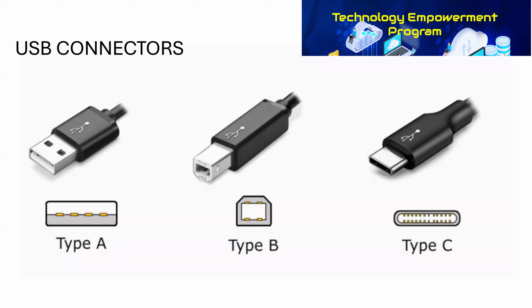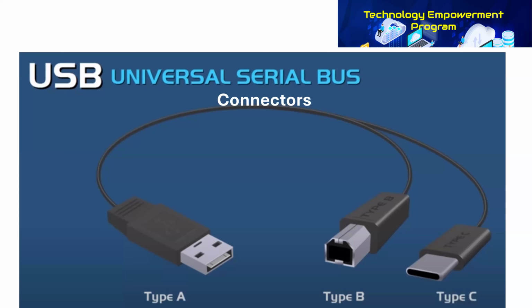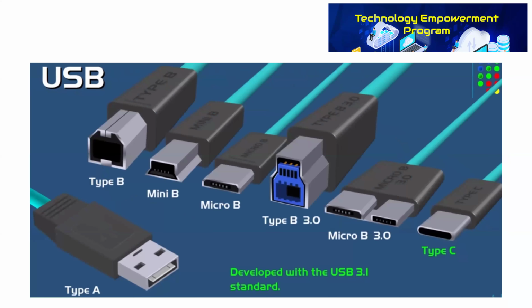Type A is the one everybody knows, that connection everybody has, the one people actually call USB. So this is just to show different types. But Type B has different types. So we have Type B, Mini B. Micro B is what people call flat pin. Flat pin charger, that's what we call Micro B. So it's actually a Type B connector.